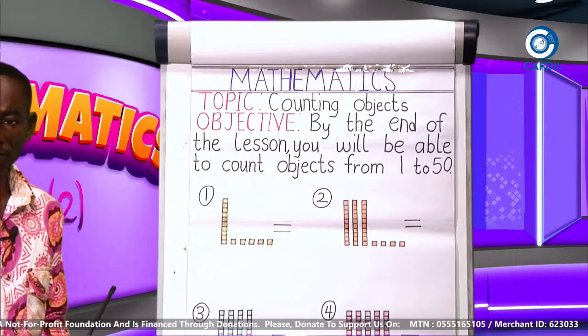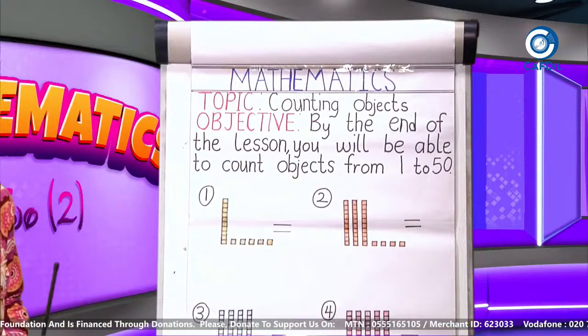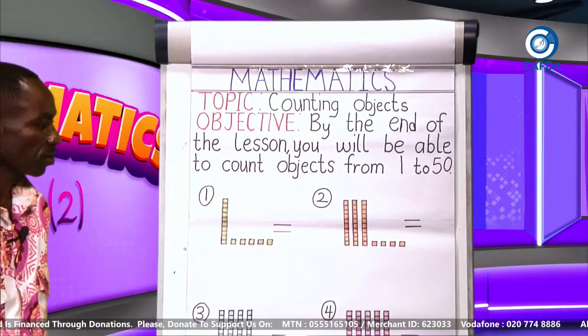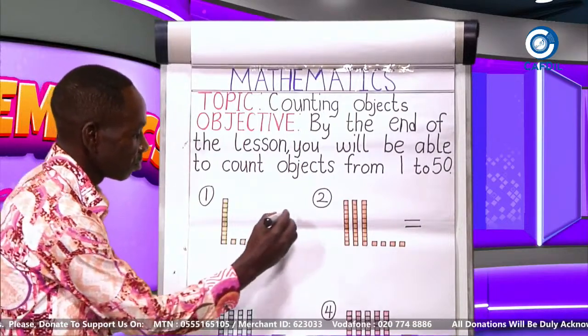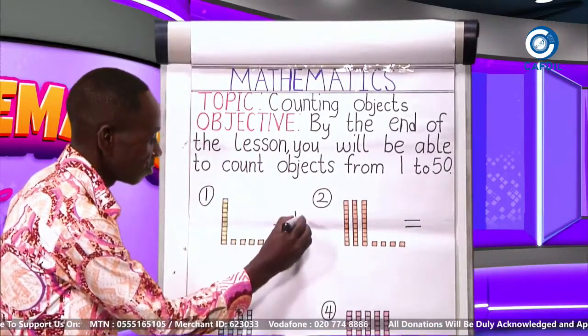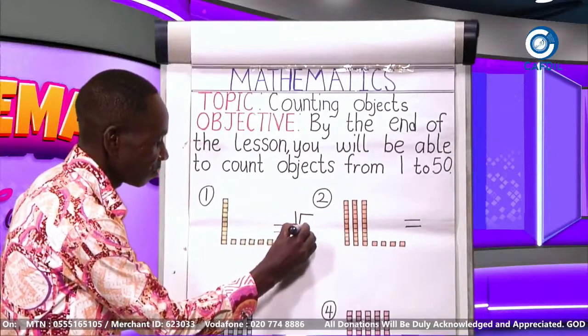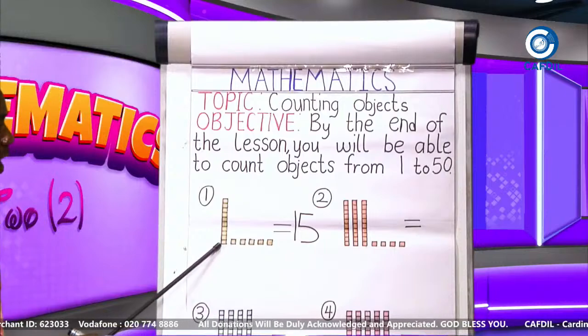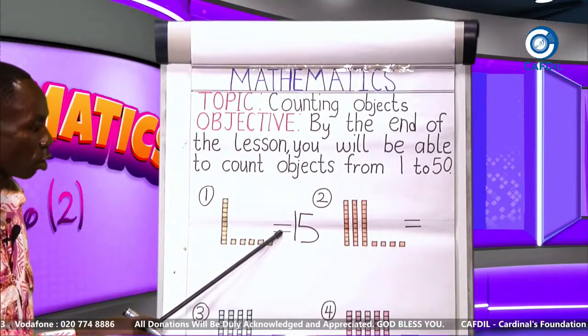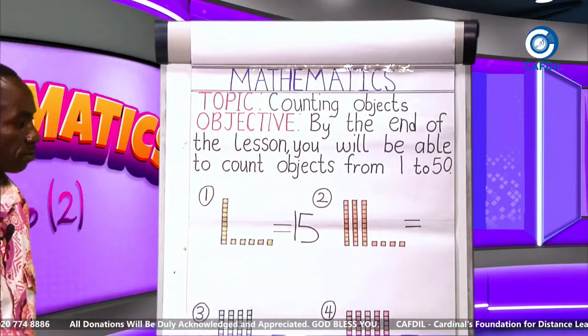What will it give us? 15. Well done. One long and 5 cubes is equal to 15.